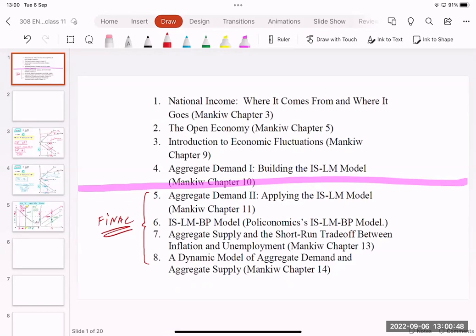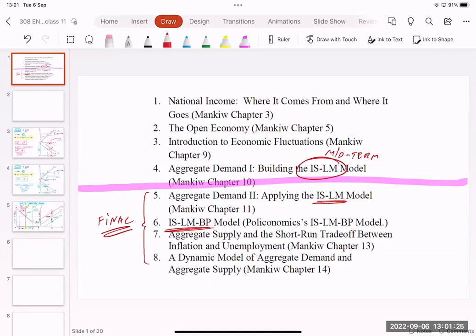One thing I have to warn you is that in chapter 5, we're going to learn about the IS-LM model. In chapter 6, we're going to learn about IS-LM and BP, which means we're going to use a lot of knowledge from chapter 4 that you already learned for the midterm exam. If you could not do the last question, question 11, on the midterm, or if you forgot how the IS curve and the LM curve come from, I highly recommend you go back and study chapter 4.